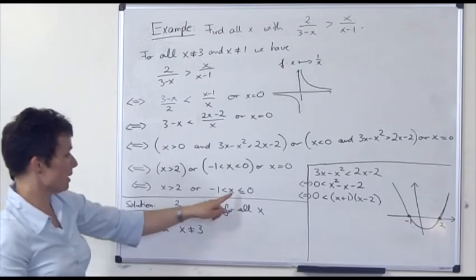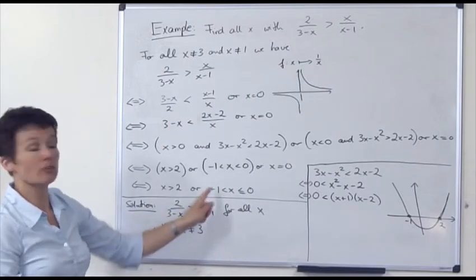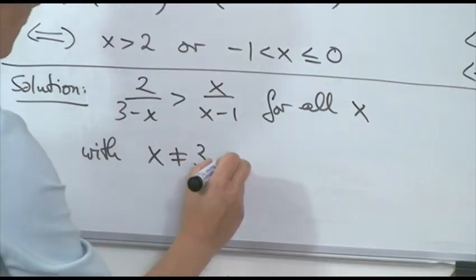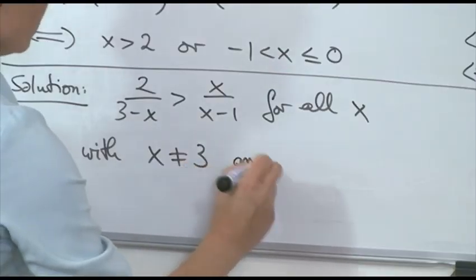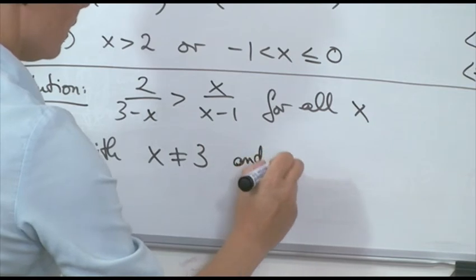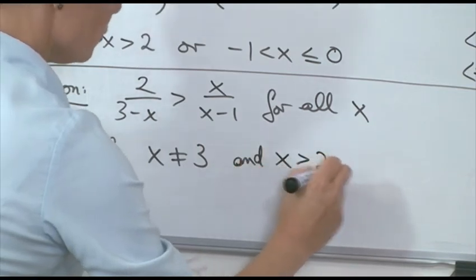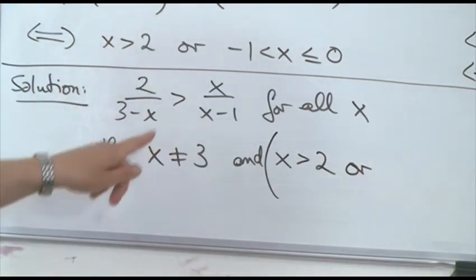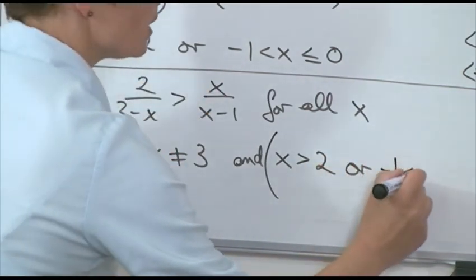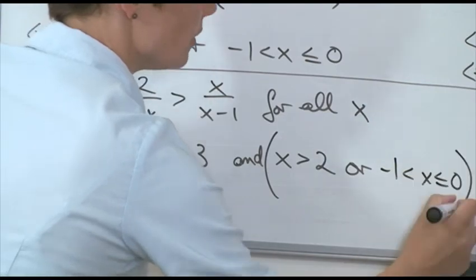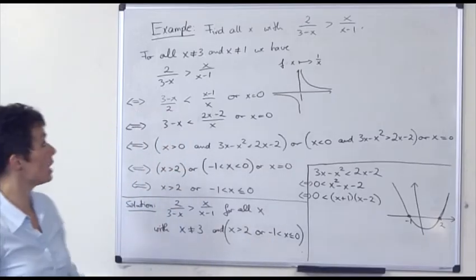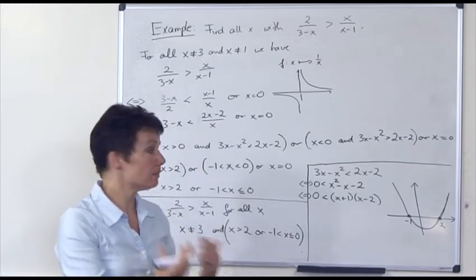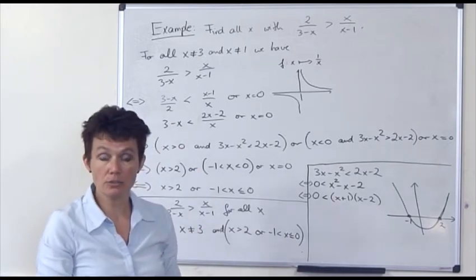X different from 1 is not included in any of these, so it's excluded anyway. X different from 3 and x bigger than 2, and really to be or -1 less than x less or equal to 0. Okay, and that solves our inequality just using the principles of decreasing and increasing functions.